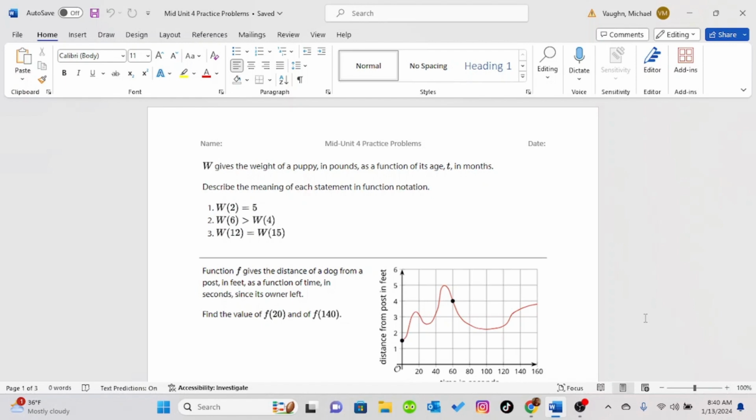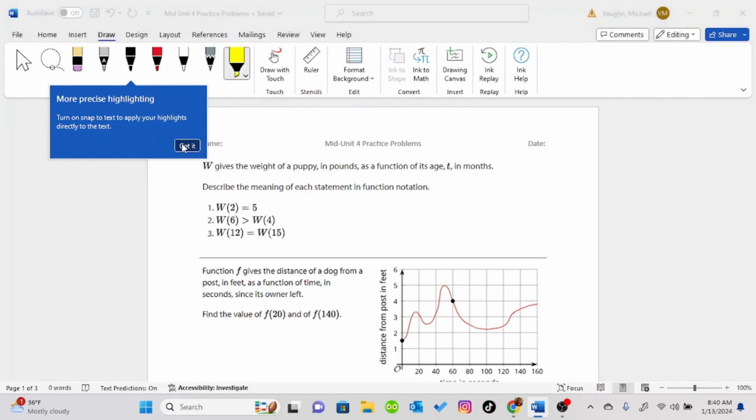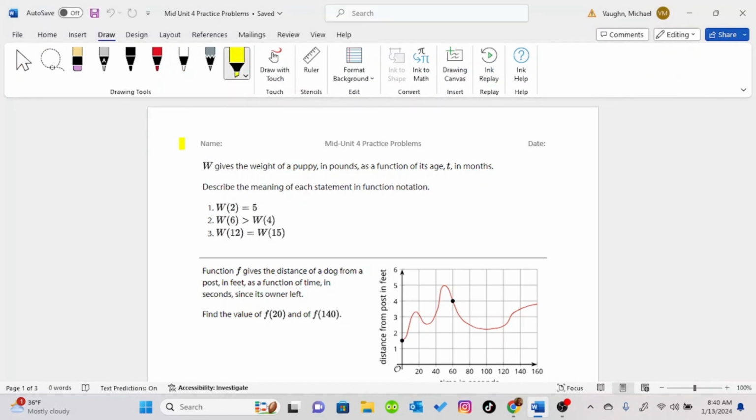So in our first problem, it says W gives the weight of a puppy in pounds as a function of its age T in months, and they want us to describe the meaning of each statement in function notation. So make sure you understand that gives is an important word here.